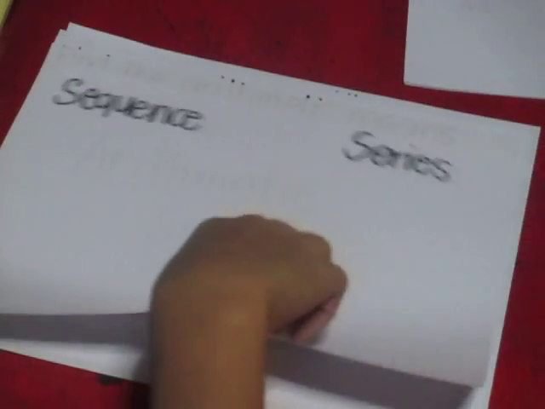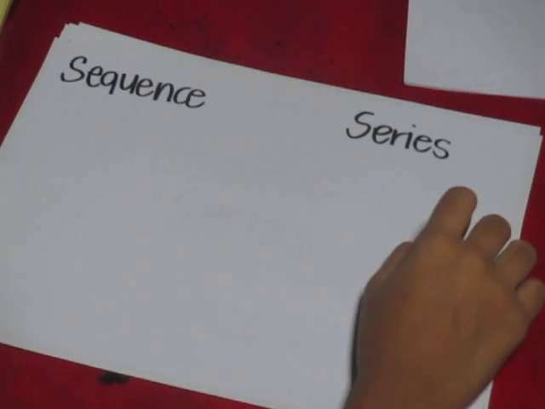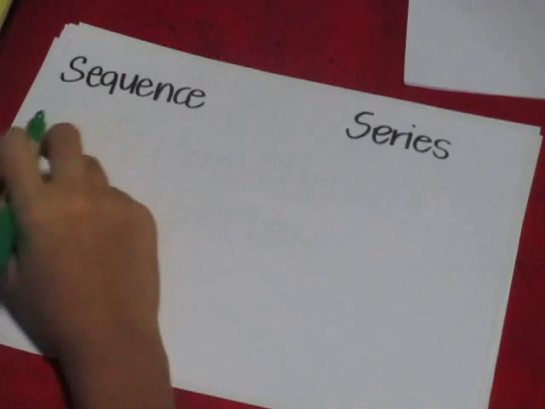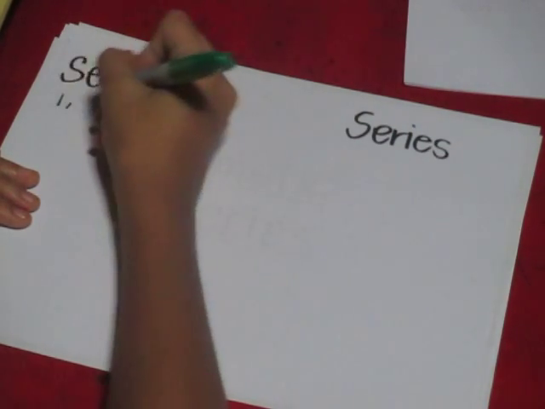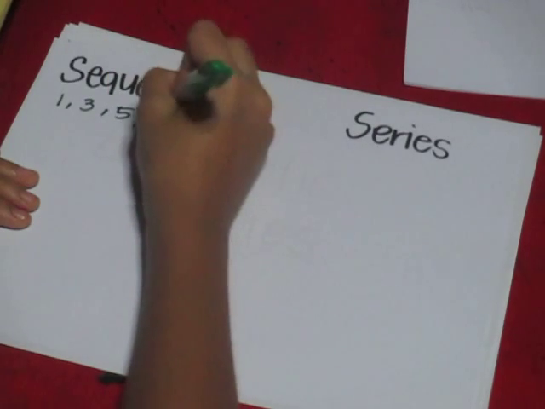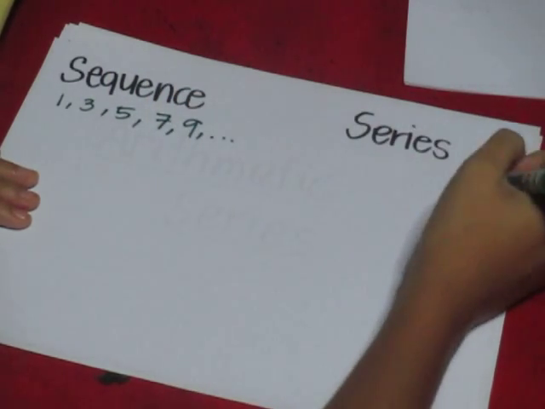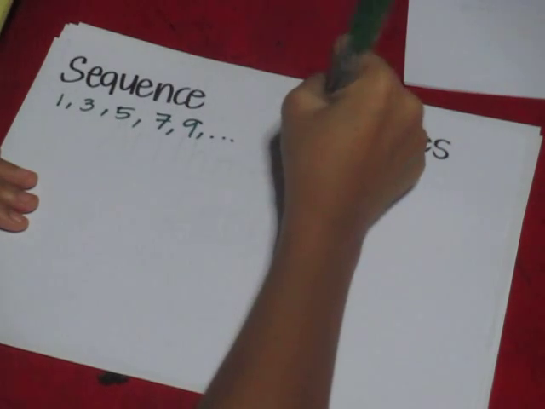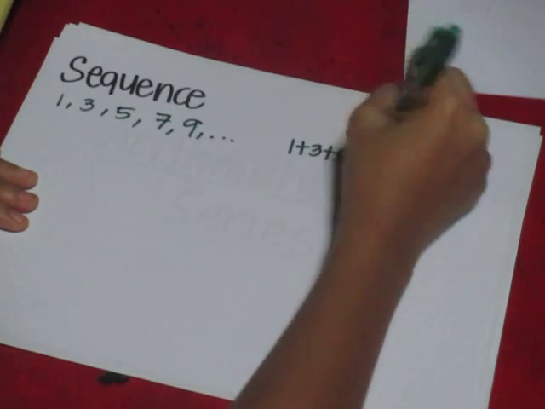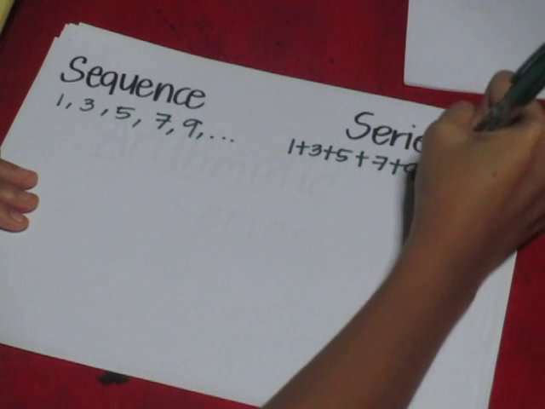So, what's the difference between a sequence and a series? Let's have an example of a sequence. That's 1, 3, 5, 7, and 9. And for a series, we have 1 plus 3 plus 5 plus 7 plus 9, and so on.